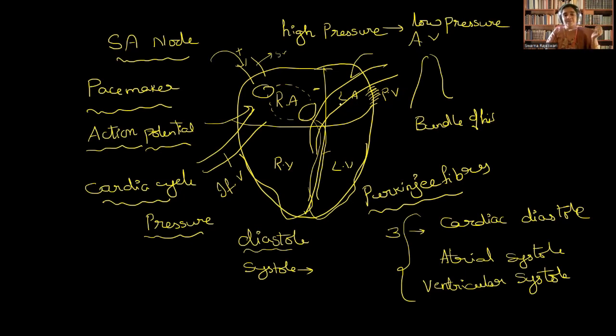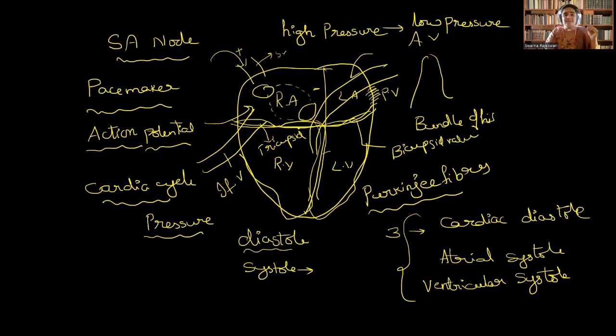So when the auricles are filled with blood, the pressure is more in those chambers. We studied that auriculoventricular valves are present on the auriculoventricular septum. This side we call the tricuspid valve, and this side we call the bicuspid valve.